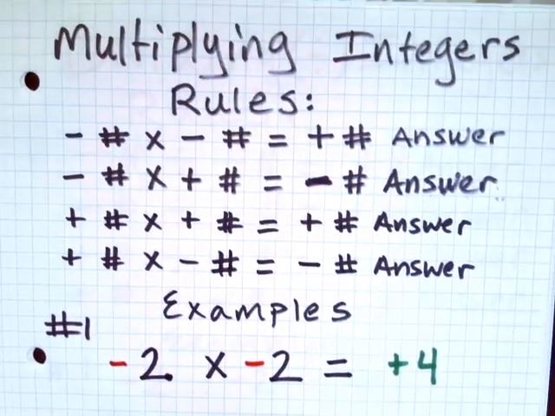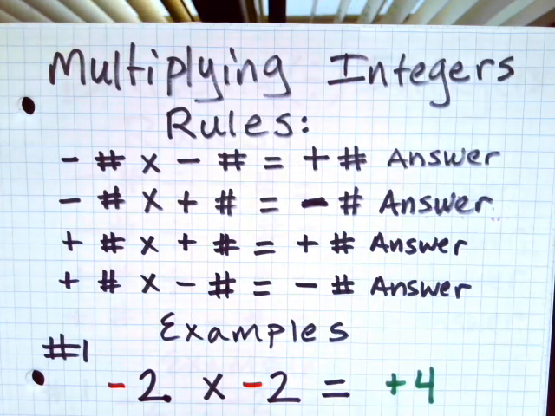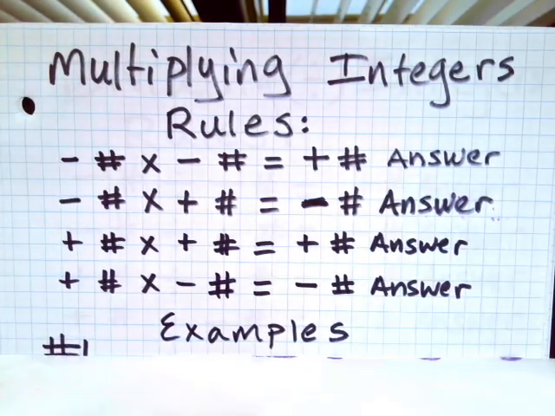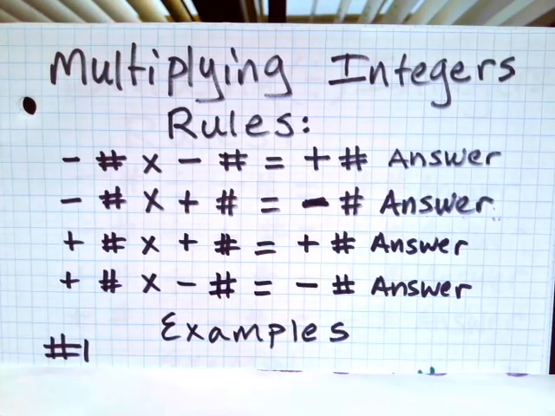So like I promised, there's an easier way to remember. I want to show you this now. These are the rules for multiplying and dividing, really, but since I'm going to be doing multiplication problems, I wanted to show you.